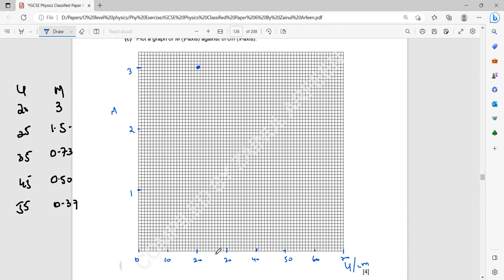Then use 25, m is 1.5. It is not necessary that you complete the marking. Even if you write till 50, or till 60, that is fine. It's not like the whole axis should be marked, it's fine.